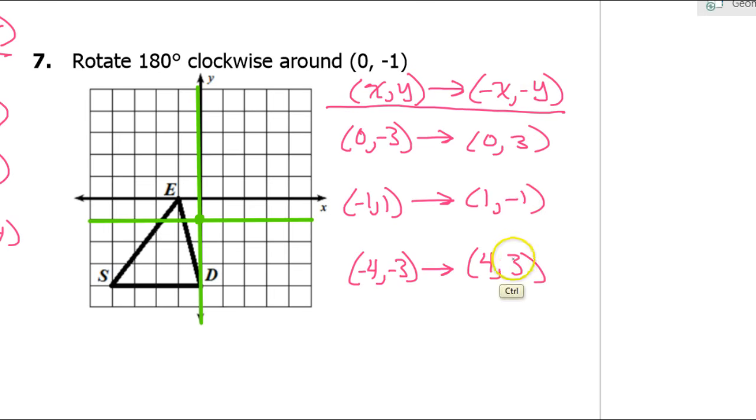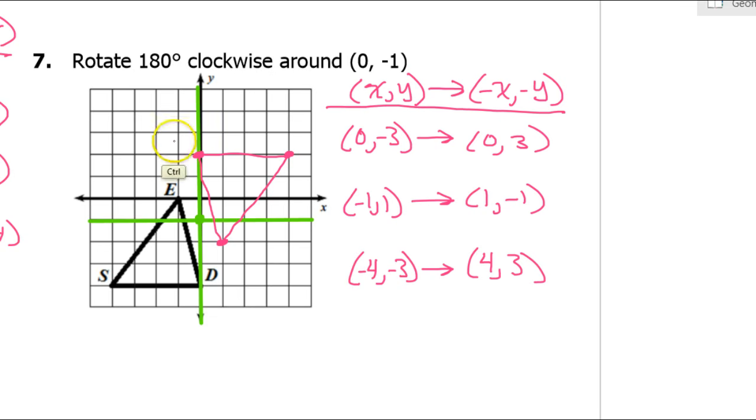So now we just plot these. So 0, 3, again, on the green axes, 0, 3 is going to be right here. 1, -1 is going to be right here. And 4, 3 is going to be right here. Okay.